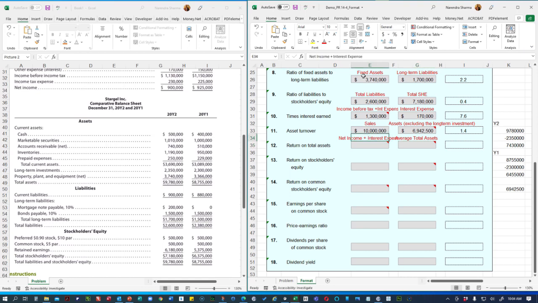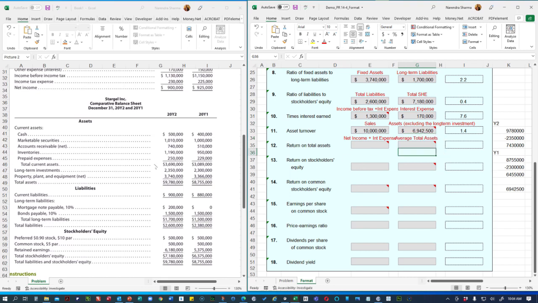Okay, so here what we are doing is we are adding the net income to the interest expense to calculate the numerator, and then to calculate the denominator we are using the average total assets.